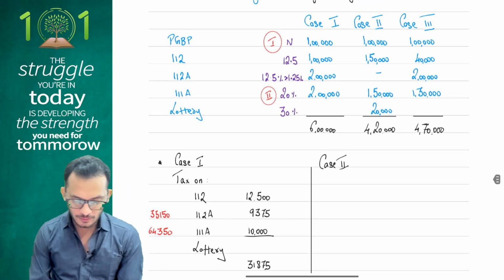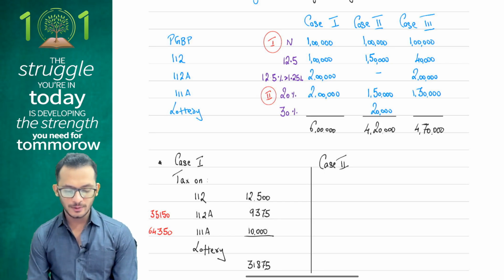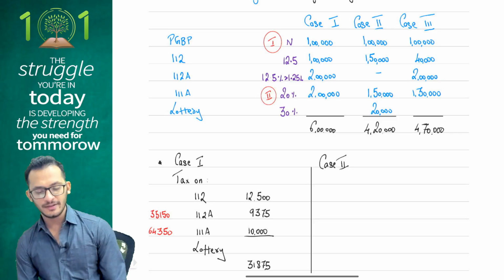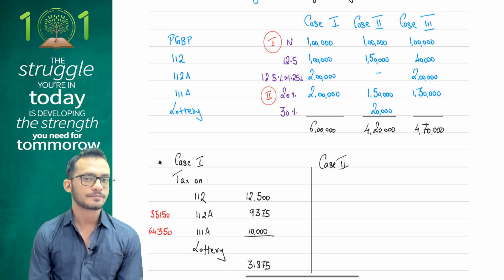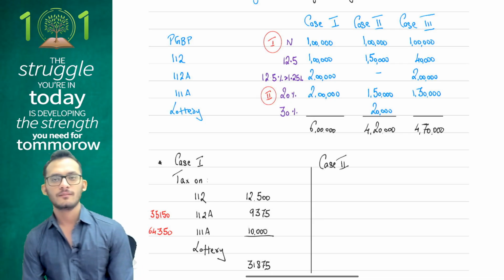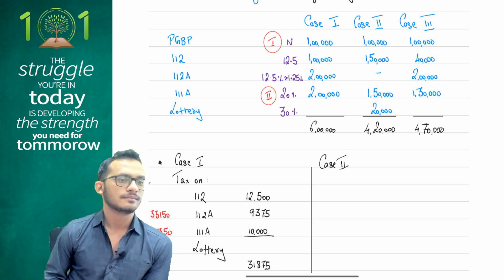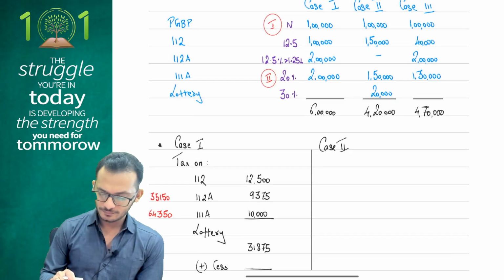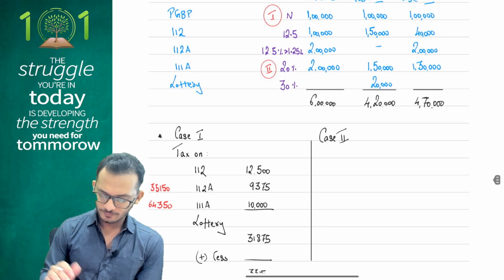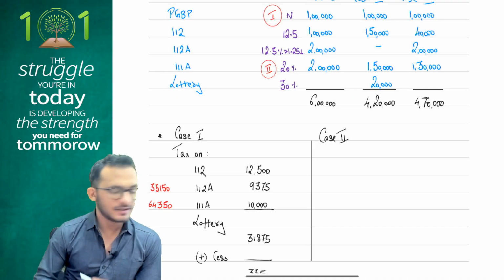My case 2 was about 1 lakh of PGBP, 1,50,000 of 112, nothing in 112A, 111A of 1,50,000, and then lottery is of 20,000 rupees. The logic remains the same.